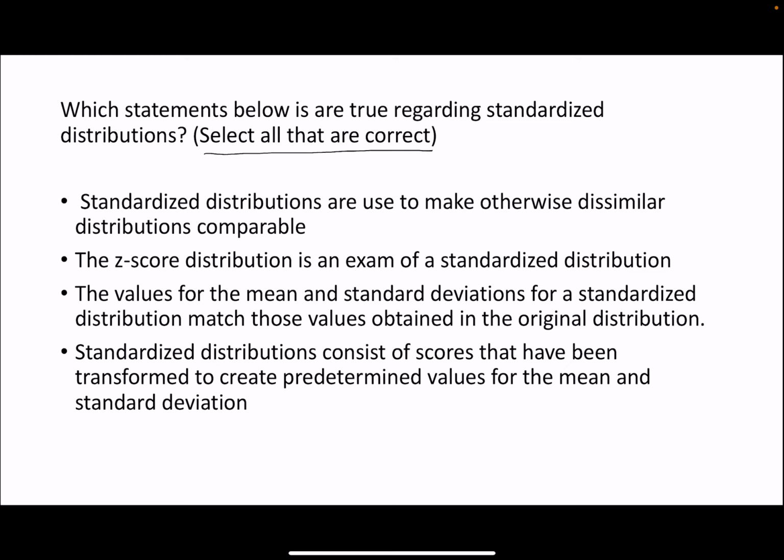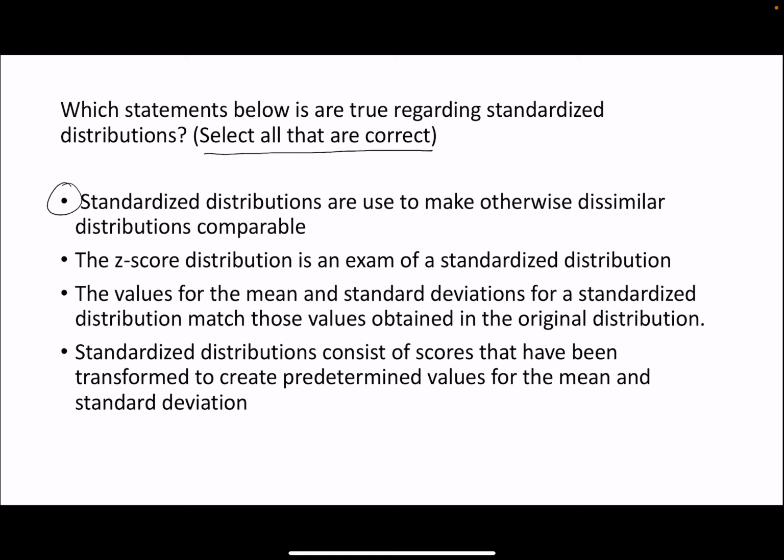Being able to compare an English test and a math test and a psychology class that all have different means and different standard deviations, or being able to compare the SATs with the ACTs that have completely different scale measurements. You know, the ACT only goes up to, I think, 36, whereas the SAT goes up to 1600. So being able to compare those things. So that is true. That is what we do with our standardized distributions.